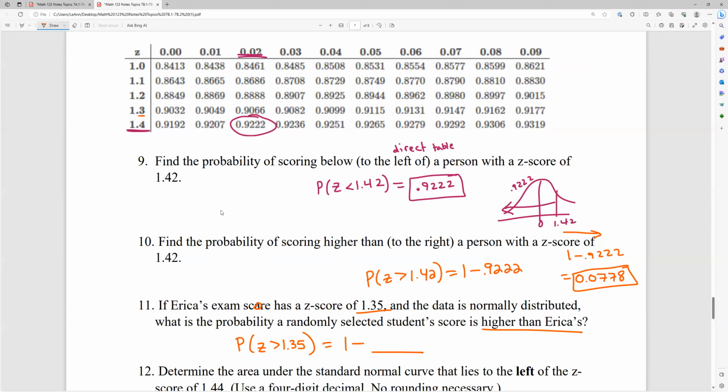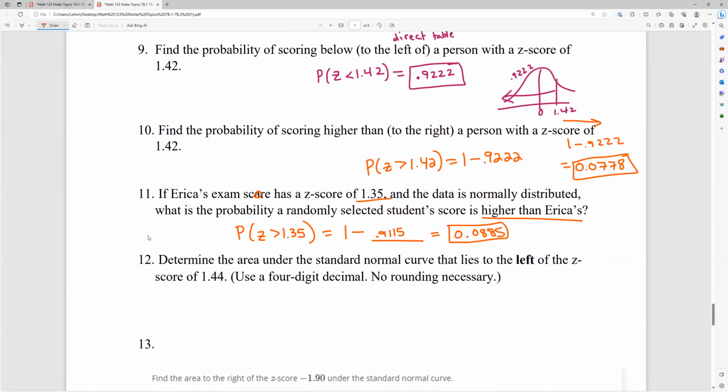So 1.3 is this, 0.05 is the hundredths place. This amount is the less than area. So the greater than her score area would be 1 minus that. So 1 minus 0.9115. Only about, there's a 0 there, only about 8.85% of students scored higher than Erica. Okay.